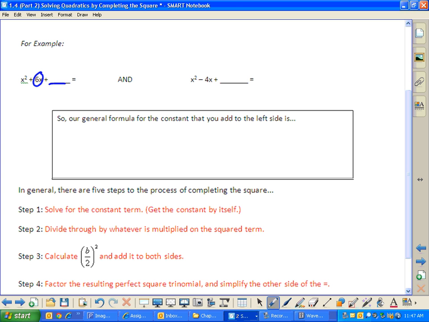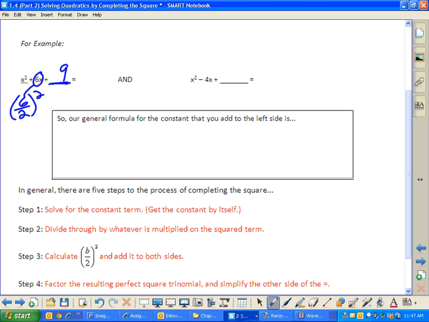If we want to find the number that allows us to complete the square, we have to take 6, cut it in half, and square it. 6 divided by 2 is 3. 3 squared is 9. What this does for us is it makes this problem factorable using the square root method. It turns it into a perfect square trinomial.